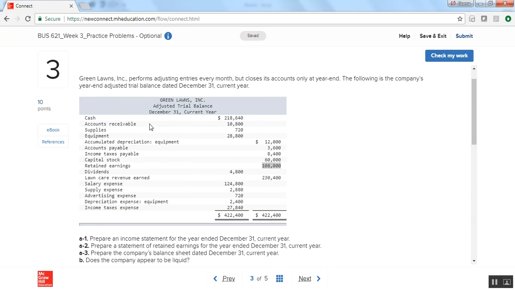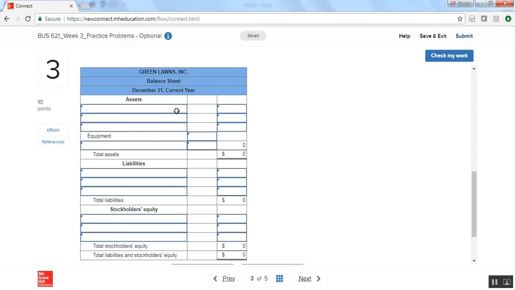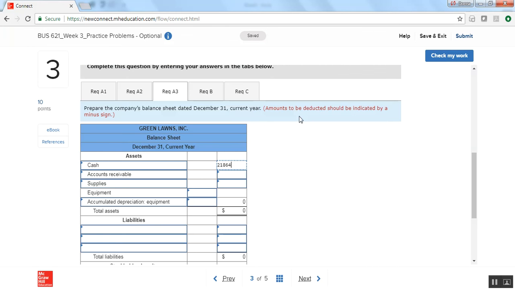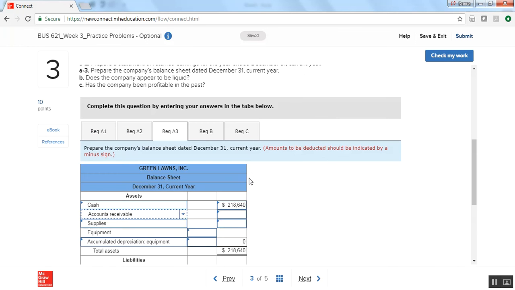So we have all of our balance sheet items: cash, accounts receivable, supplies, equipment. This is accumulated depreciation on equipment. Our cash is 218,640. Accounts receivable 10,800.